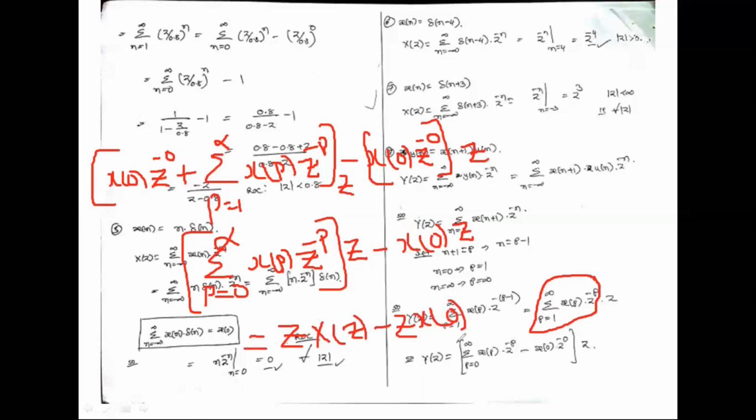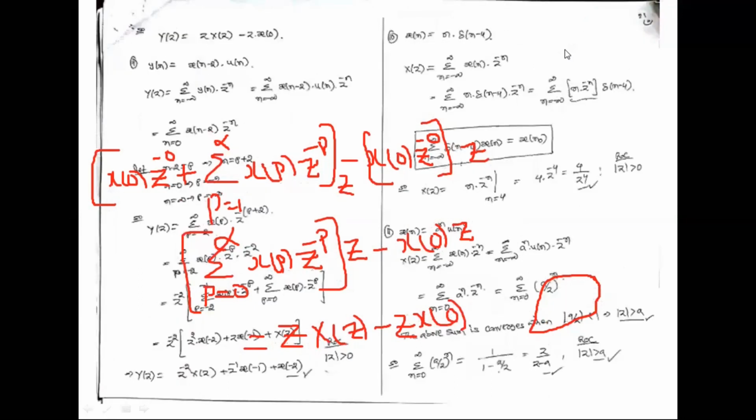Now whatever the y of z is here, that is y of z equal to z into x of z minus z into x of 0 also. Don't confuse. But for unilateral, definitely there is a subtraction or addition of the initial value conditions also. But for bidirectional, we will get only z x of z.